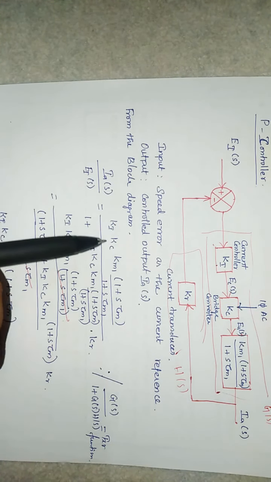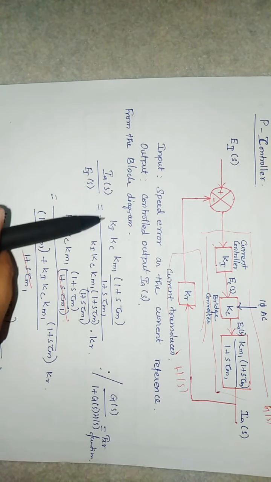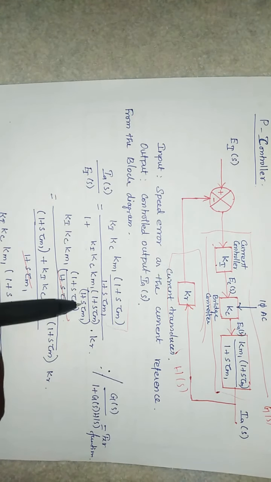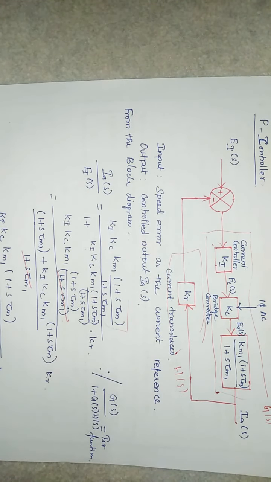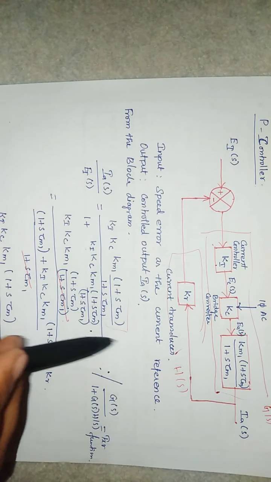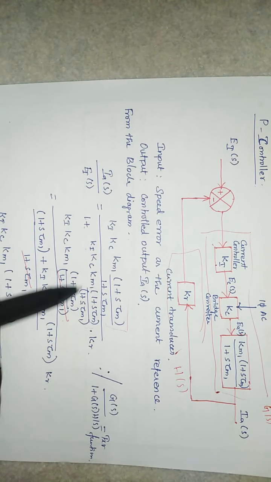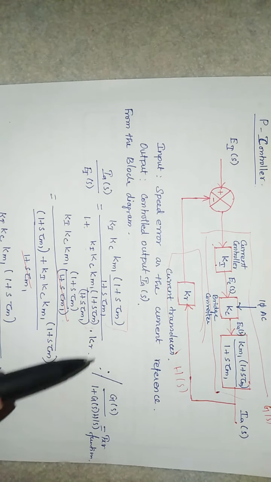So I am directly substituting these values: G(s) as numerator, and 1 plus G(s) into H(s) as denominator.